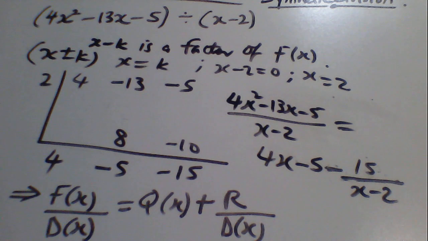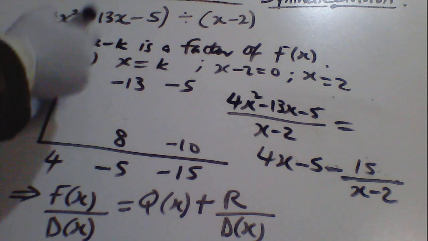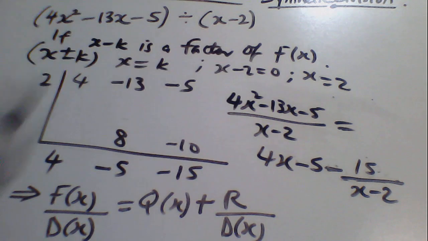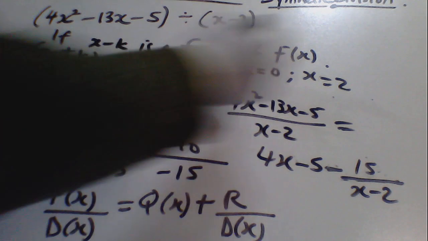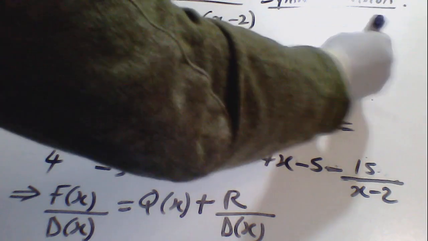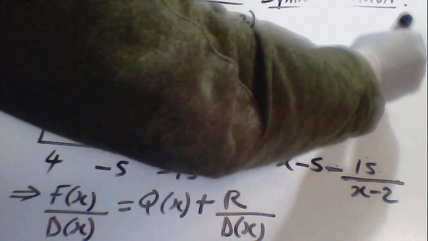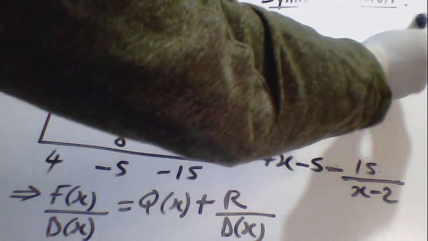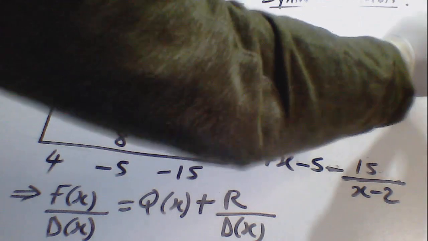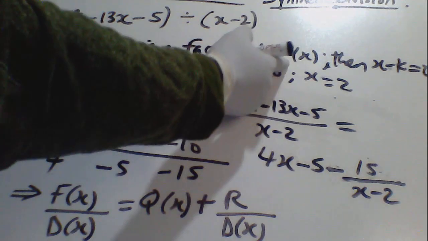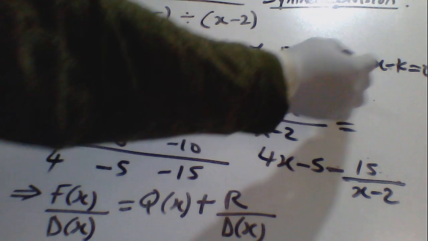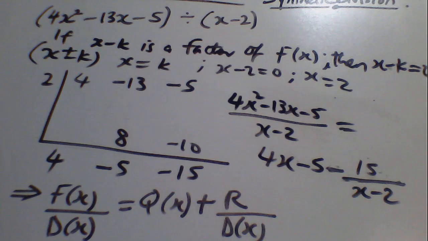If x minus k is a factor of f of x, then x is equal to k. If x minus k is a factor of a given function, then x minus k is equal to 0.